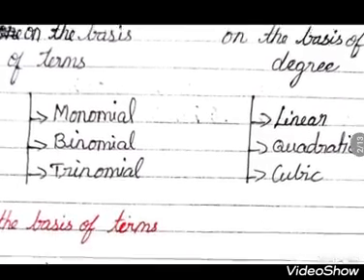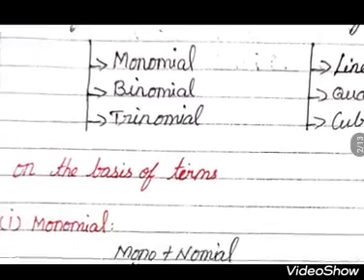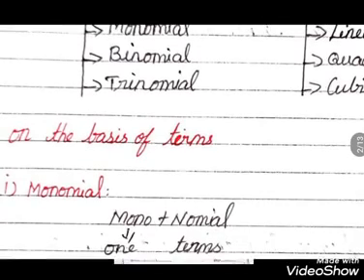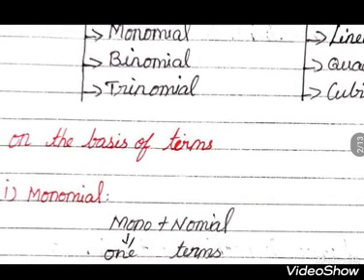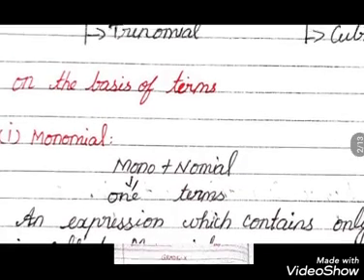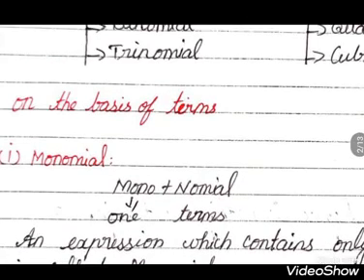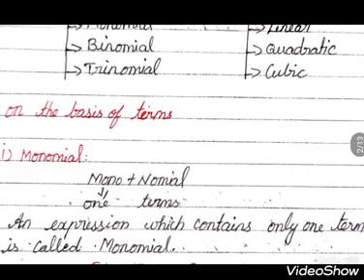So first I have to take the basis of terms. First one is monomial. What is monomial? Monomial can be split as mono plus nomial, one term. So an expression which contains only one term is called monomial.